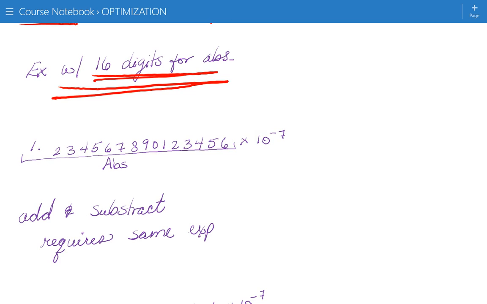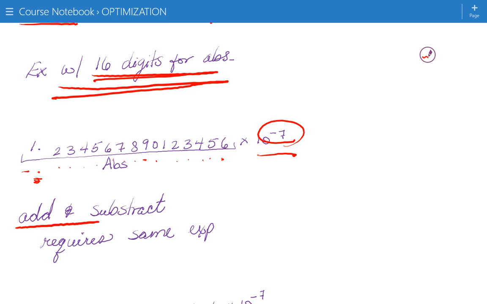Then we might have a number that is 1 point, and the point is always there, and then 16 places. And perhaps our number is going to be that number times 10 to the negative 7. That's our exponent up there.